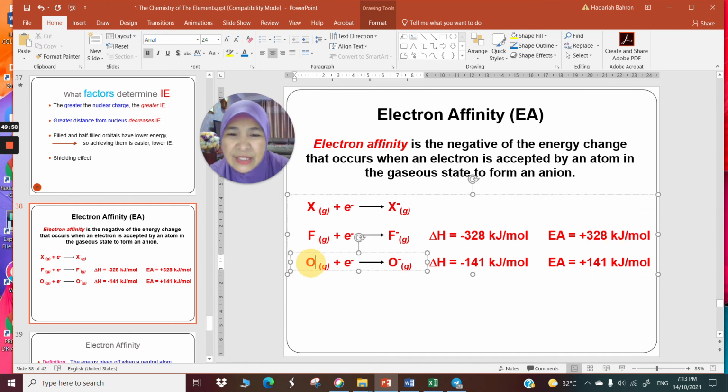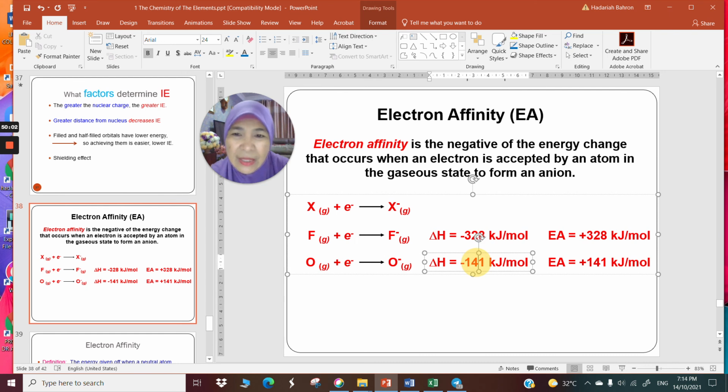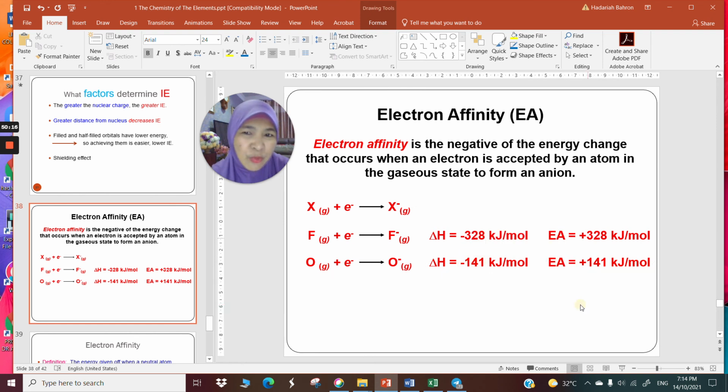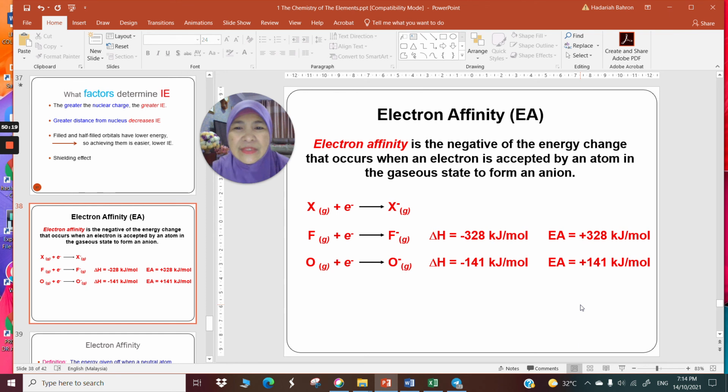So for oxygen, the enthalpy change of adding an electron into oxygen is minus 141. So electron affinity is plus 141. Electron affinity is really defined as how much that particular element loves electrons.